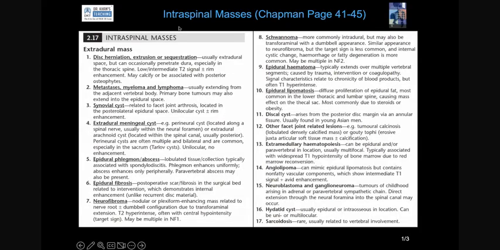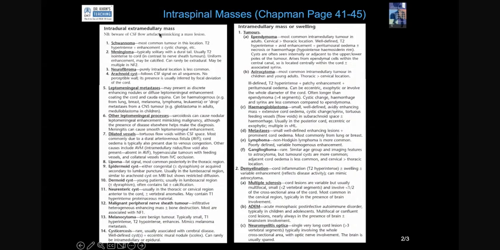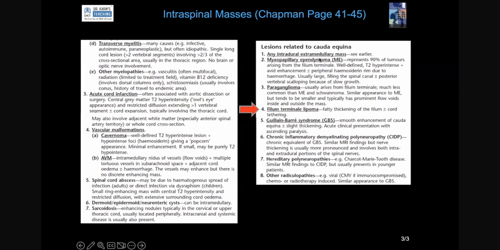Now, in your Chapman, there is a differential diagnosis: intraspinal masses, extradural, intradural, intramedullary mass or swelling. And then there are lesions related to cauda equina, and one of them is filum terminale lipoma. Fatty thickening of the filum plus or minus cord tethering.